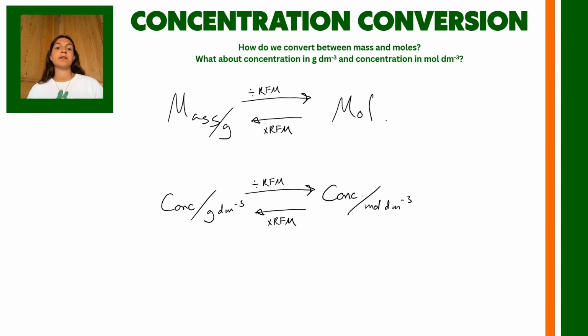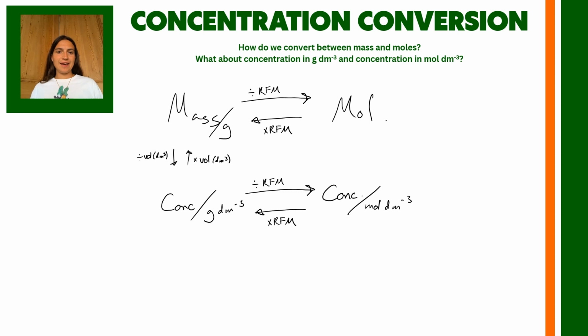You divide through by the relative formula mass, or if you want to go the other way, you multiply by your relative formula mass. And that makes sense because really, if you think about it, if I have a certain concentration that's quoted to me in a number of grams per some volume, and I want to know how many moles that is per the same volume, then why would I not do the same thing that I have to do to get from mass into moles?